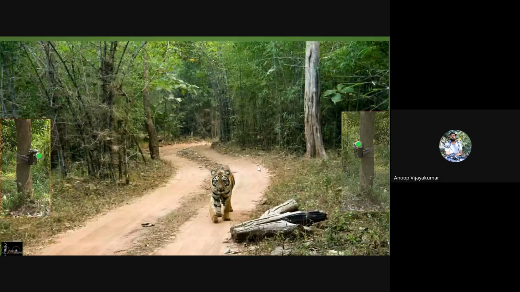Once that data collection is over, the government will have a proper idea of where tigers are present. Then they will go for camera trapping. Each grid will have a pair of camera traps. I will tell you why they are placed perpendicularly.